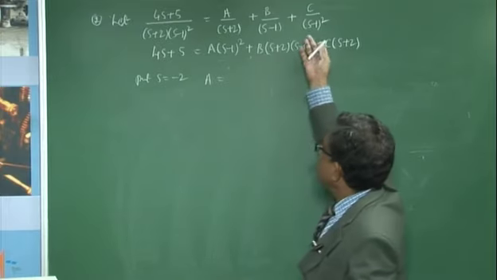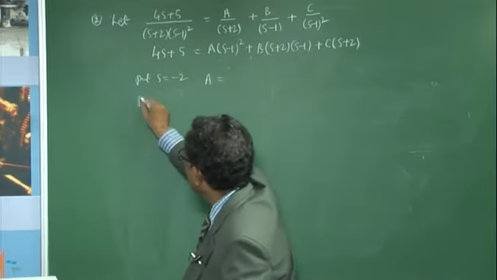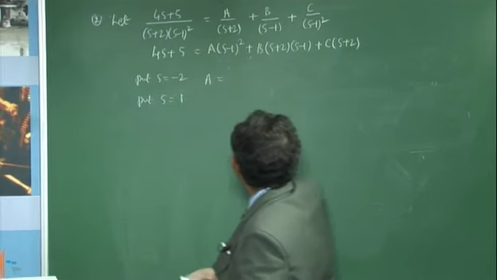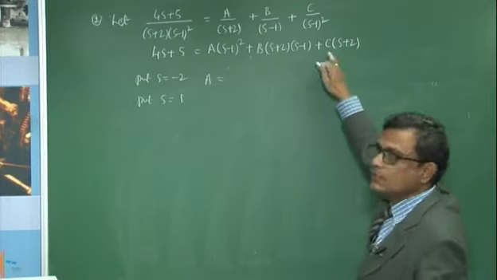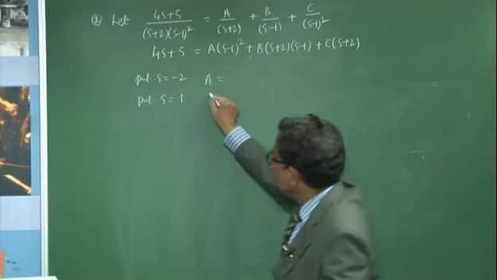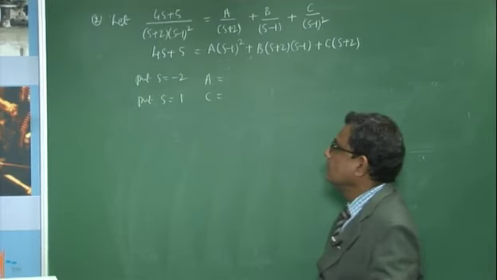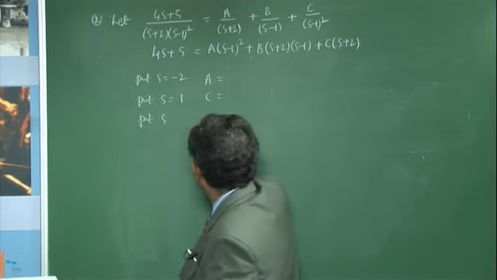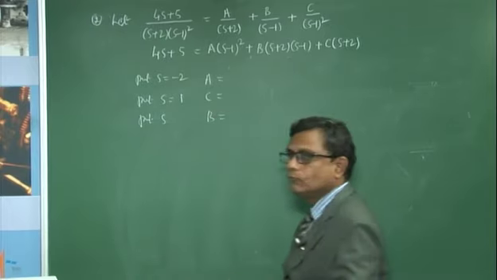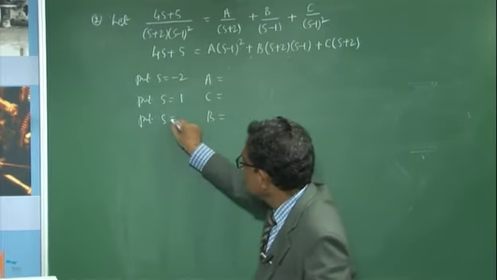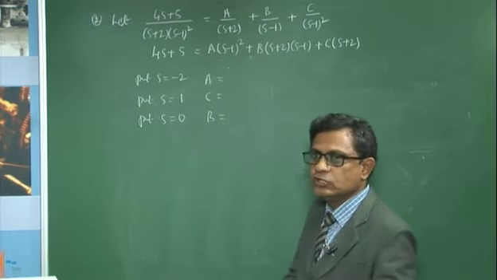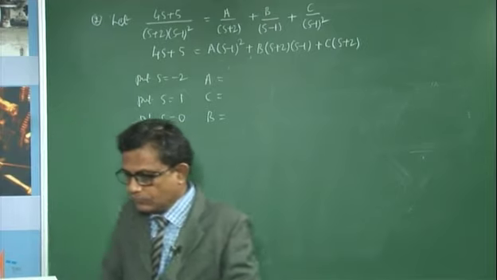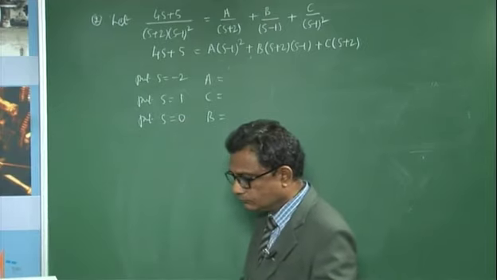Then how do you get B and C values? Put s equal to 1, which gives you the C value. Then to find the other value B, just put s equal to 0. Find the constant values.